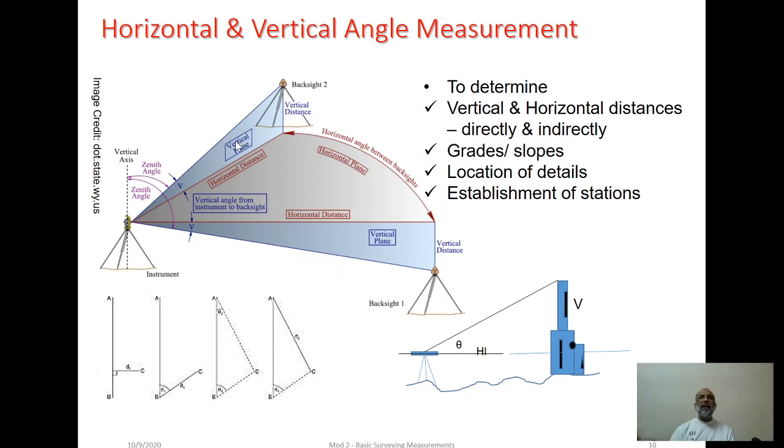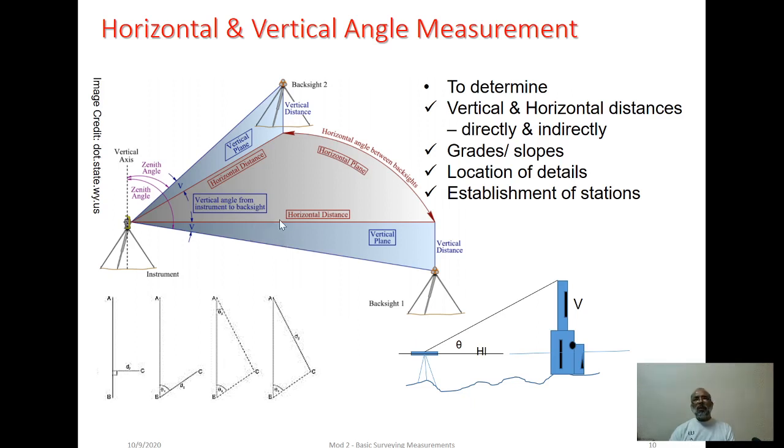Hence, it is nothing but the angle of elevation. Similarly, with respect to this horizontal line, we can take the angle by rotating the telescope in the downward manner, and hence this could be considered as the angle of depression.